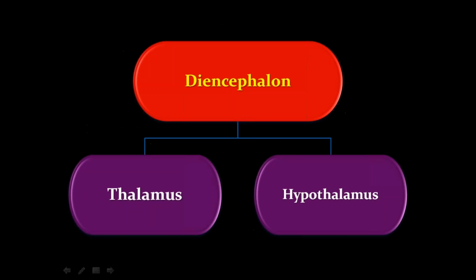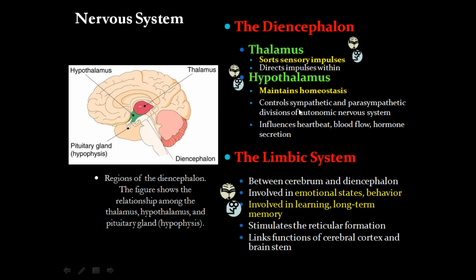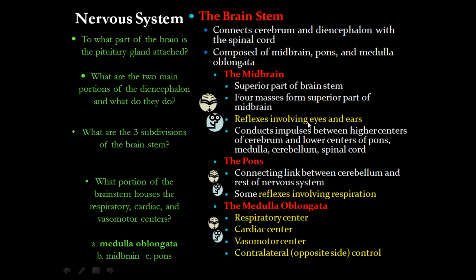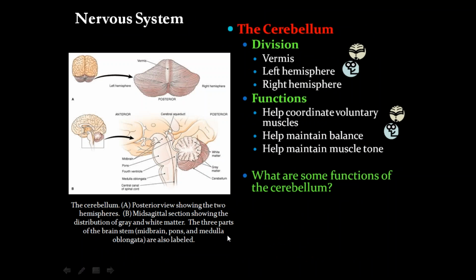All right, so that is about it, we have the limbic system. The limbic system is emotional states, behavior involved in learning, long-term memory. Here, the medulla oblongata is going to have the respiratory center, cardiac center, vasomotor center, and the decussation. That means the crossover, the contralateral.